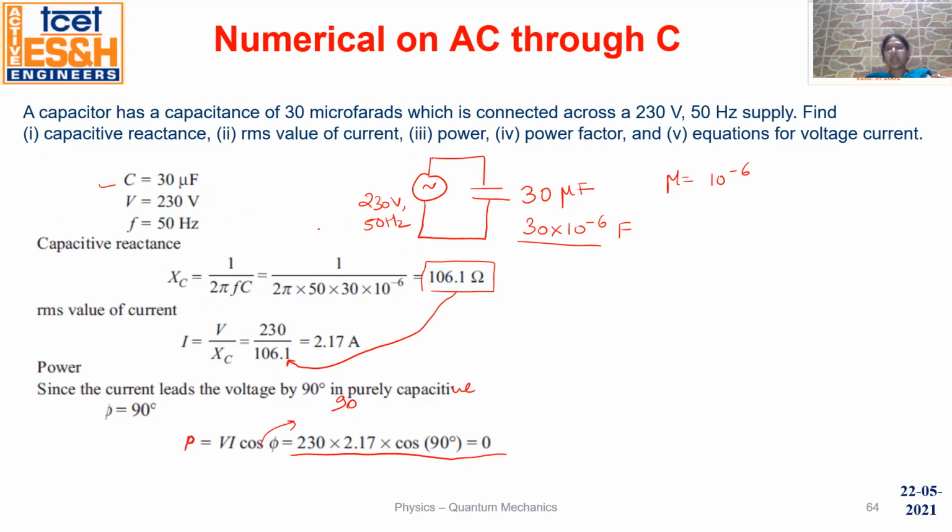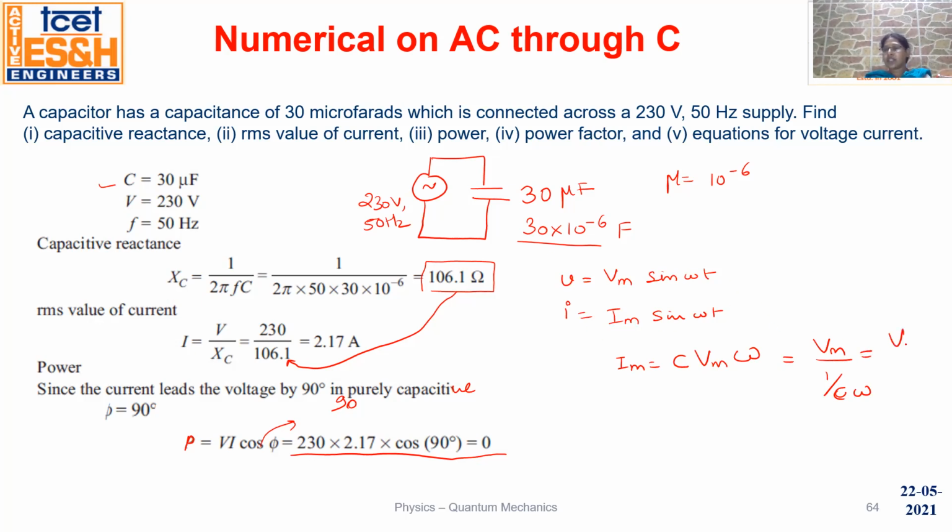Now to make the voltage and current equation. You know that V is Vm sin omega t and I is equal to Im sin(omega t plus pi by 2). Here Im is what? C Vm multiplied by omega is equal to Im. We can also write it in this fashion, Vm by Xc. So this is also our Im.